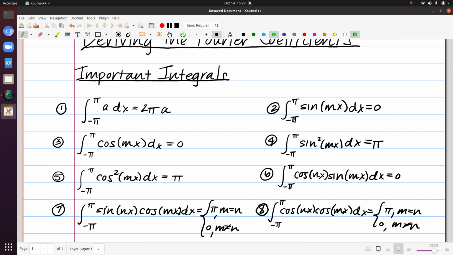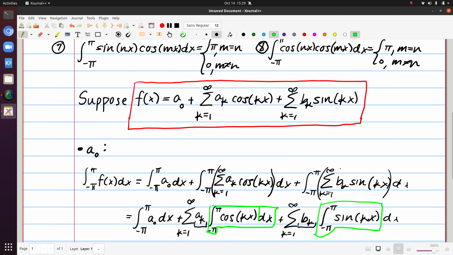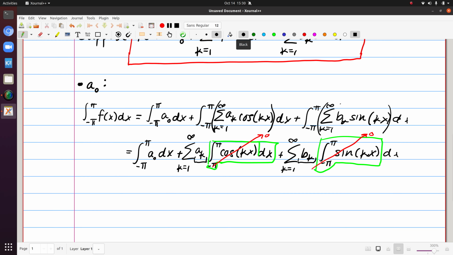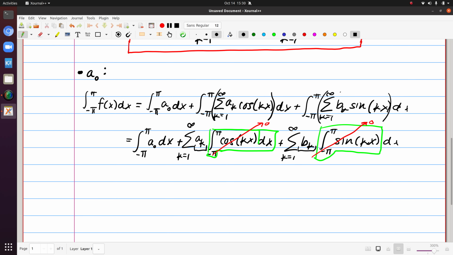But if you look at my integral number 2 and my integral number 3, both of those integrals should evaluate to 0, and really, this means for any of the k's, 1, 2, 3, etc. So we have a sum where we're taking our a sub k's and each of them is multiplied by 0. And we have a sum where we're taking our b sub k's and each of those is multiplied by 0. So effectively, the sums are summing 0 again and again, and so those are going to be 0. So we're left with an equation.